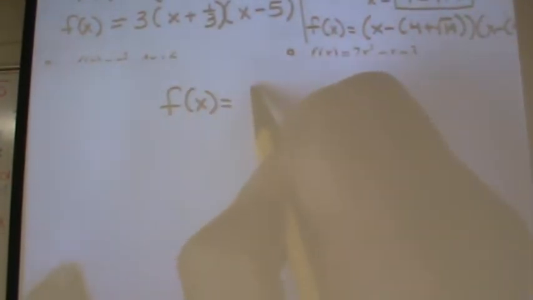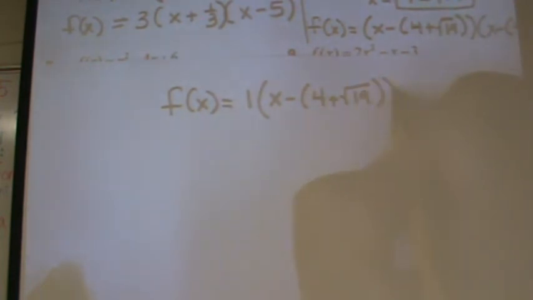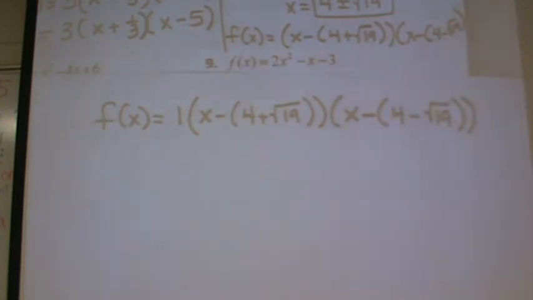I'll write it again. f of x equals, the a value is 1, you don't need to write that, x minus 4 plus root 19 and x minus 4 minus root 19. And you can just leave this answer like that. That's how you write it in x-intercept form.